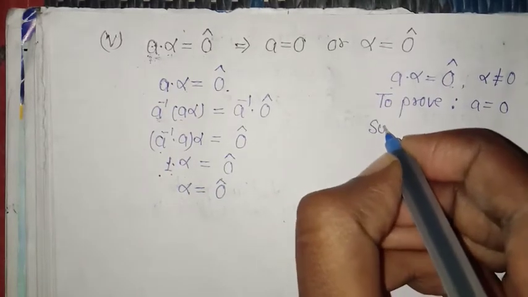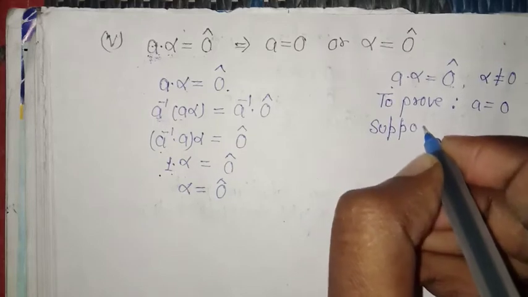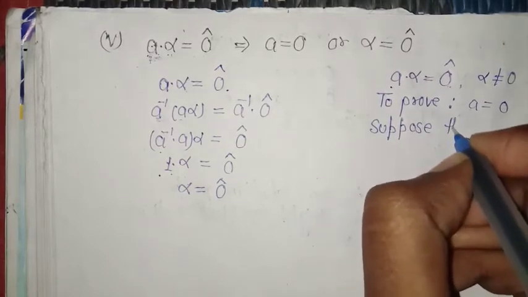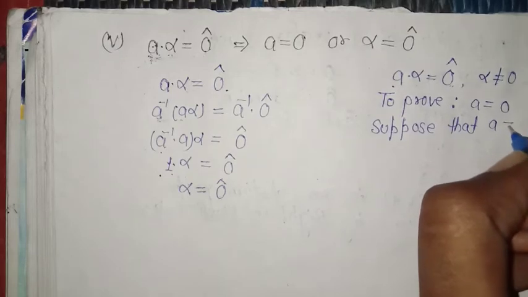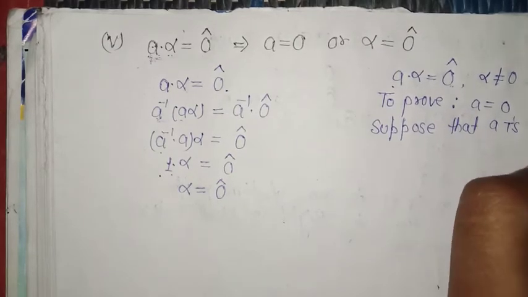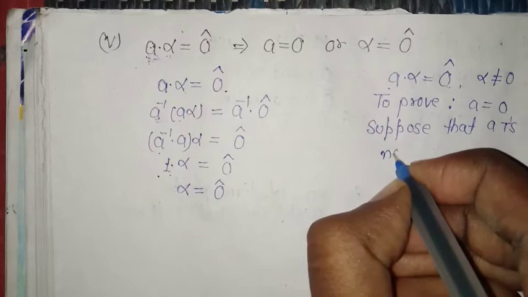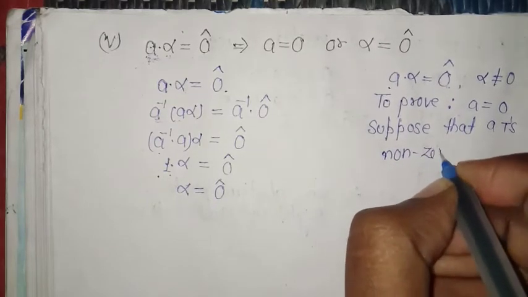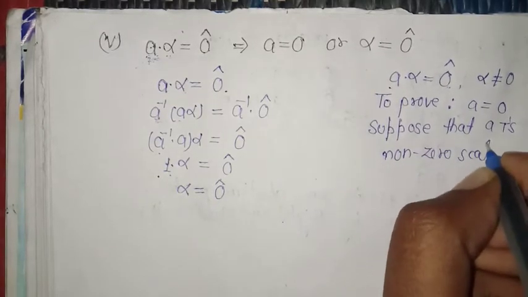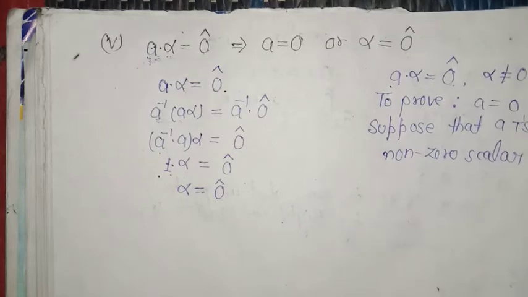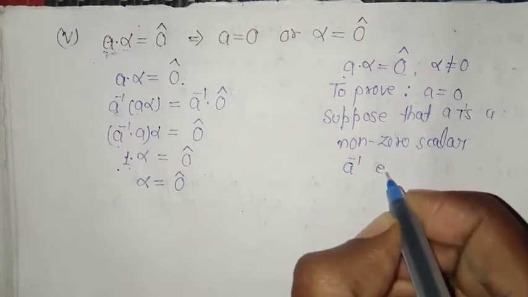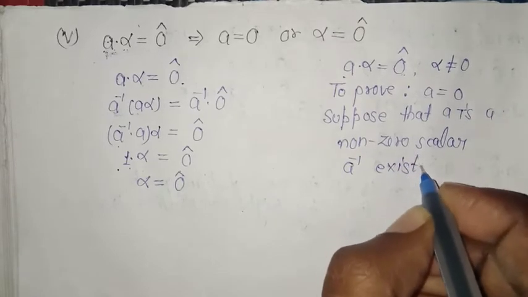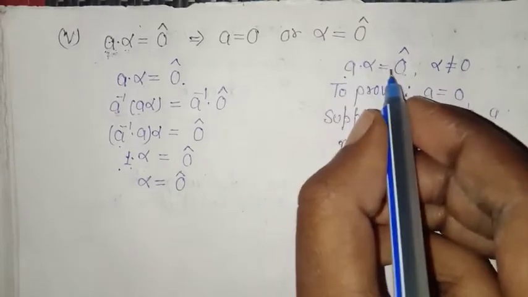Suppose that A is a non-zero scalar. Then A inverse must exist. So let's multiply this product with A inverse on both sides.